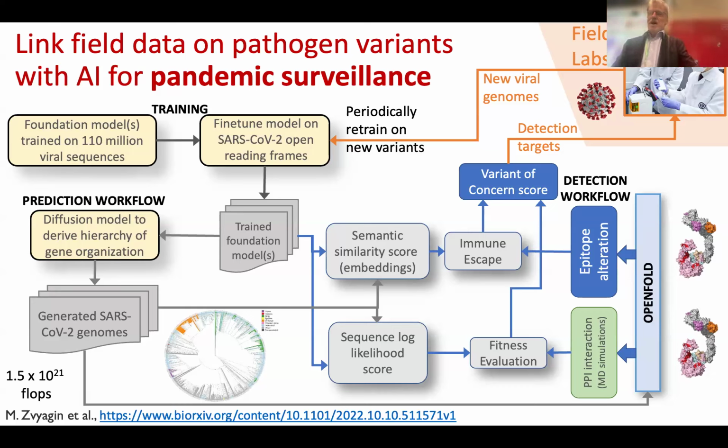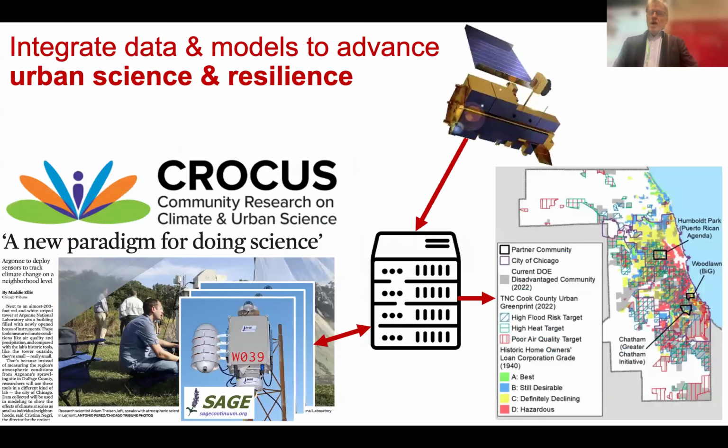So again, a highly distributed problem. One more application that we're involved in at Argonne as well is urban observatories, which bring together, in this case, air quality data, forecasting data, satellite imagery, in order to help prepare for both short-term weather problems and long-term climate change.